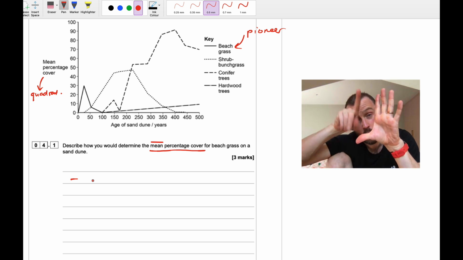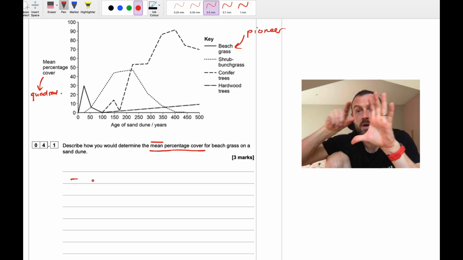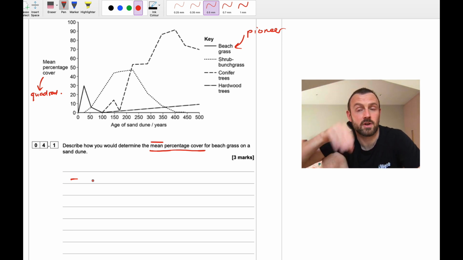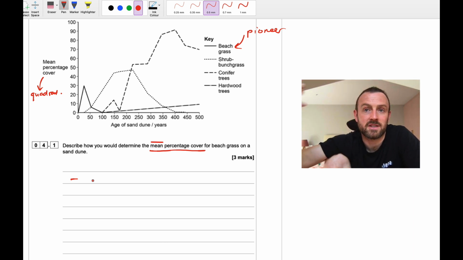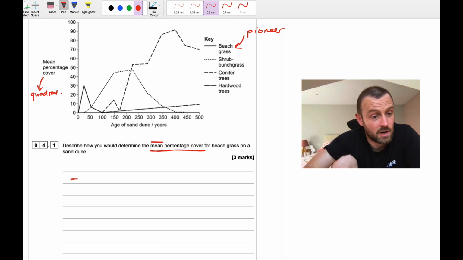I may even use a quadrat which has subdivisions. Sometimes you get a quadrat with 25 small squares, and each small square is worth 4% of the cover, so I could count the small squares to work out the percentage cover in that quadrat. I would repeat this process for multiple quadrats, maybe 10 quadrats, and then I would calculate the average percentage cover. Okay, I think I probably said about 5 things there, so I should get marks for that.